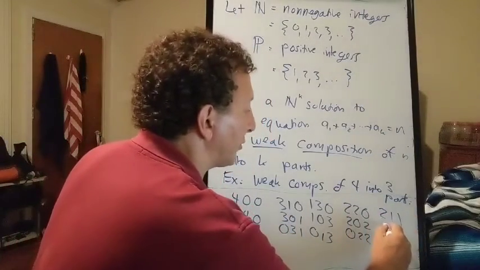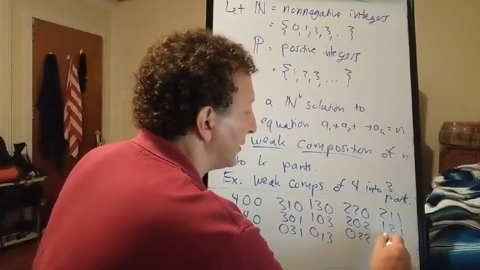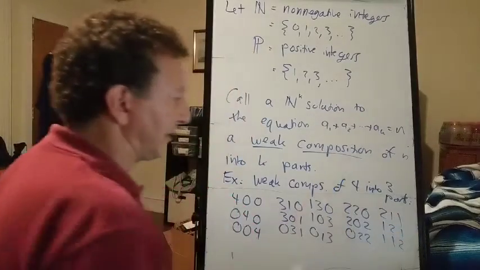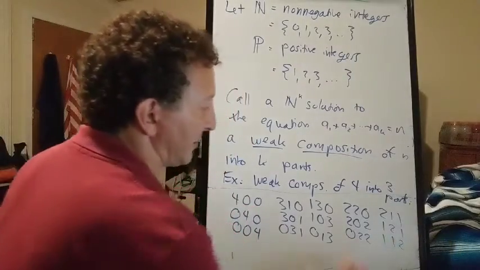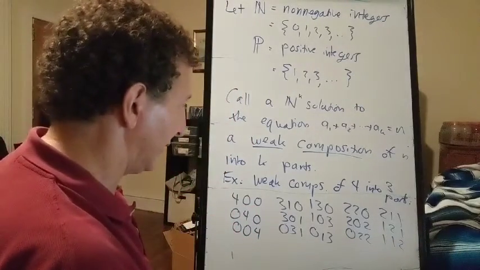So 2 plus 1 plus 1, 1 plus 2 plus 1, 1 plus 1 plus 2. All of these count differently, even though they're the same numbers rearranged.